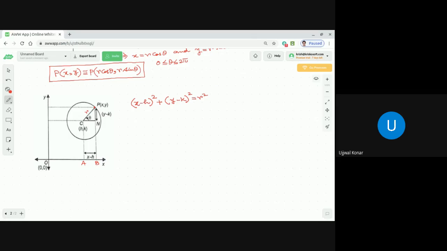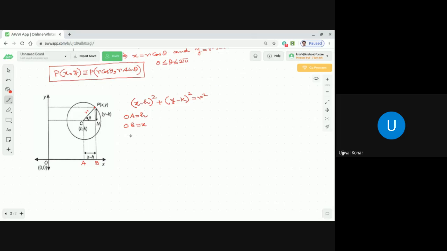Then what is OA? OA is h, because the coordinate of the center C is h comma k. So we get OA is equal to h. We get OB is equal to x. Correct?